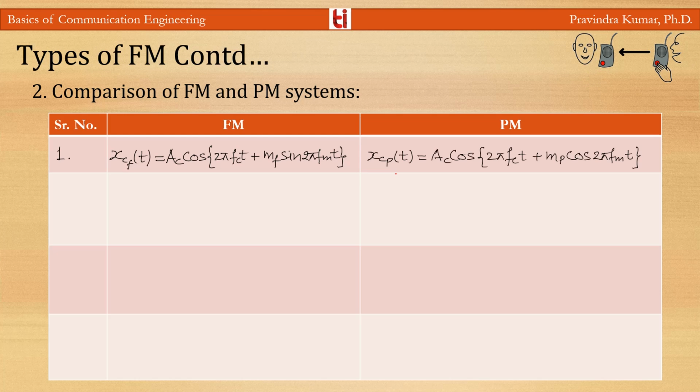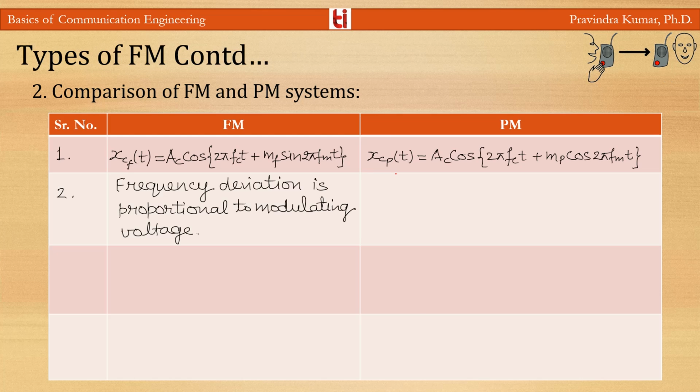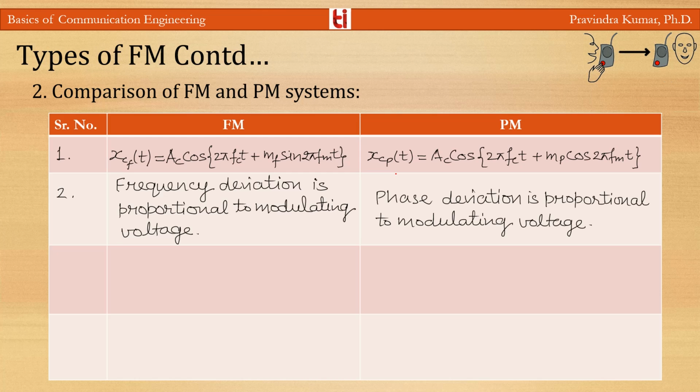In phase modulation, the PM wave can be expressed as xc(t) = Ac cos(2π fc t + mp cos 2π fm t). mp here is the modulation index. In the FM wave, frequency deviation is proportional to the modulating voltage only, and in the PM wave the phase deviation is proportional to the modulating voltage.